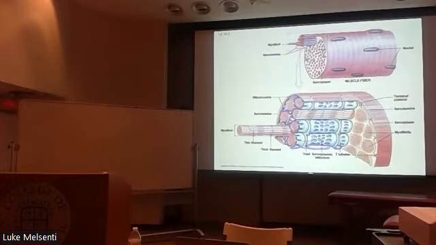Okay, here's your myofibrils. Here's your myofibril. Sarcolemma is the plasma membrane, and then you have these invaginations called T-tubules that go down through the muscle cell, but this is still outside of the cell, believe it or not.